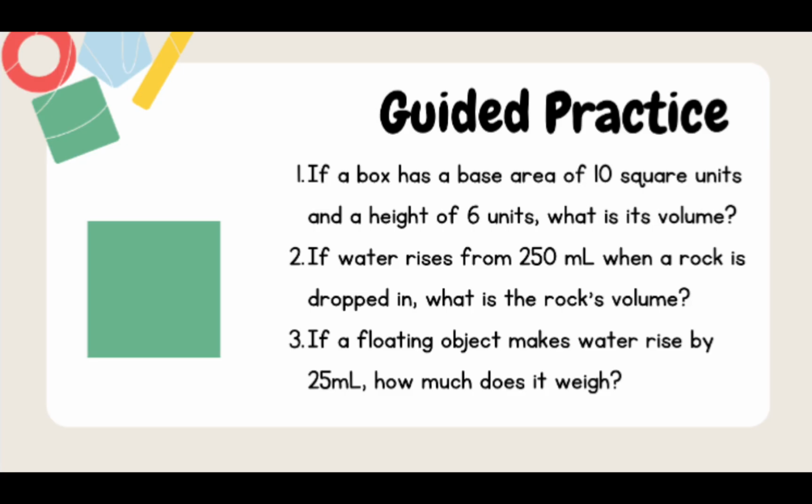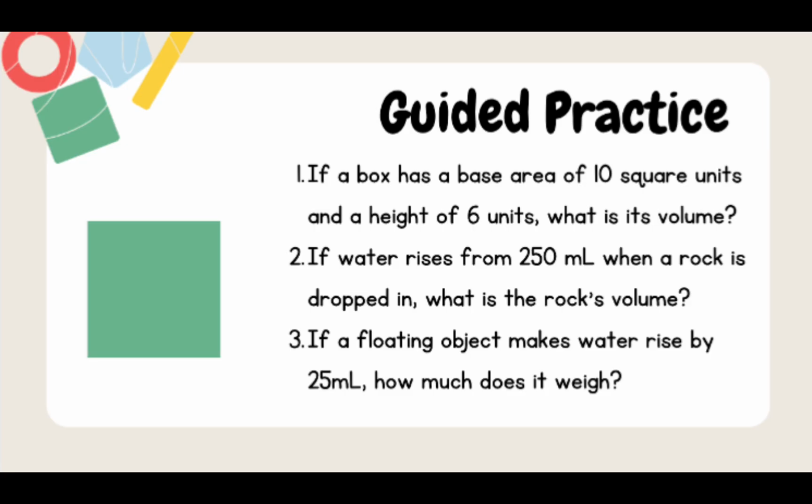For our second problem, it asks if water rises from 250 milliliters to 290 milliliters when a rock is dropped in, what is the rock's volume? Turn to your partner and discuss. The correct answer for this would be 40 milliliters.